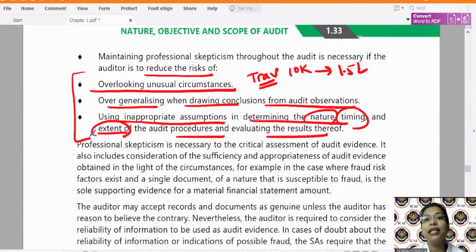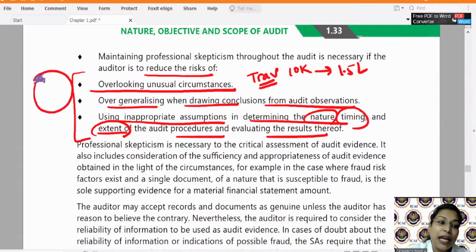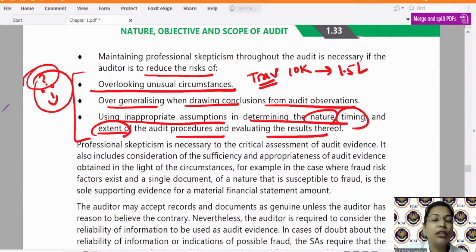See, the term possible here is very important, because it is a possibility, a doubt, it is not confirmed. Possible misstatement that may occur due to fraud and error, and critical assessment of audit evidence. Okay? It is not that when you enter the client organization you have to go in a particular way. But it basically says that you need to be alert. You can accept documents as genuine, but if you find anything to the contrary, then you need to further investigate and further perform the audit procedures. Okay?